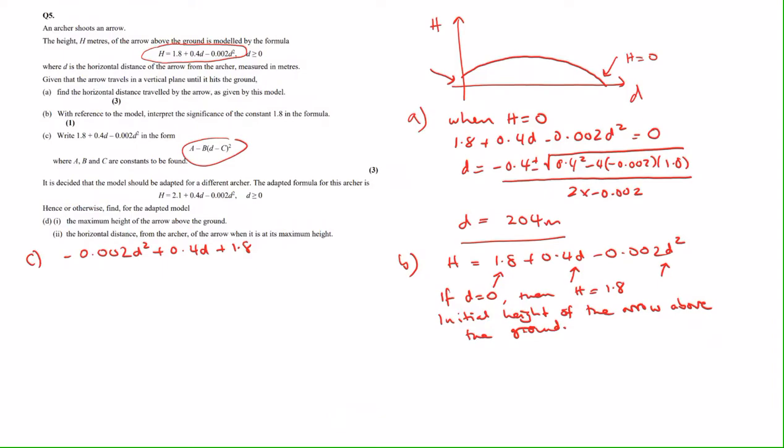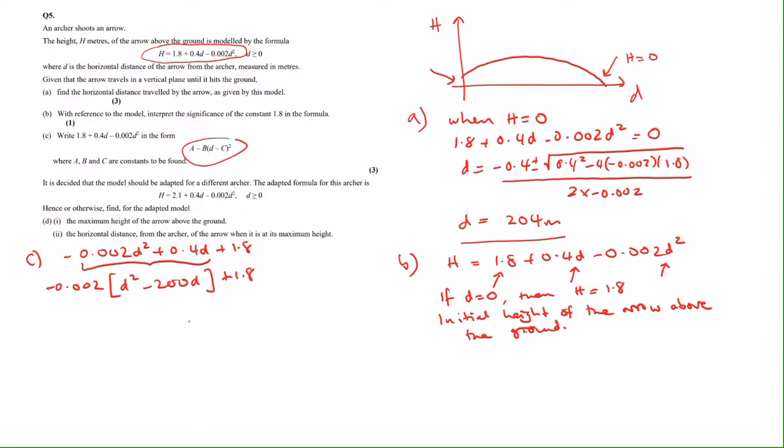And completing the square on that, we probably want to pull out a 0.002 or minus 0.002 from that. And I'm going to pull it out of this bit only. Actually, if I pull it out of 0.4, I divide 0.4 by 0.002, it is minus 200. I'm going to leave the 1.8 though, I don't need to mess around with that.